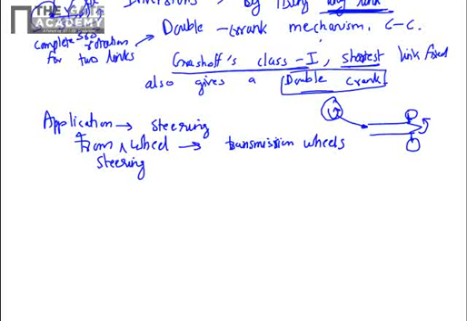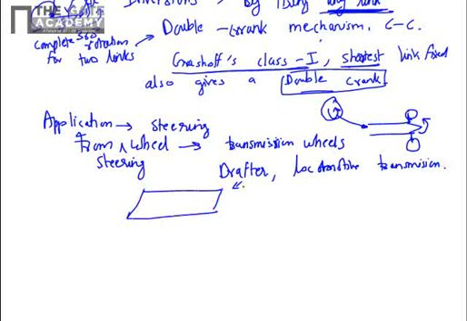Other application of double cranks we saw earlier was in a drafter or locomotive transmission, but there the special condition was that the links were parallel to each other. In the drafter and a locomotive, these are also double crank. But here, since the links are parallel, the circles that are formed by rotation of these links are identical.